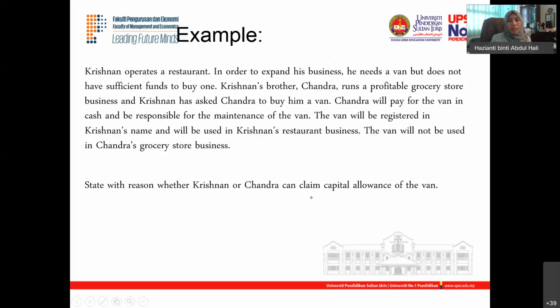Okay, I give you one example. So can you decide who can claim capital allowance for the year? Krishnan or Chandra?